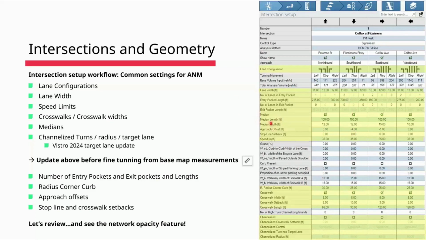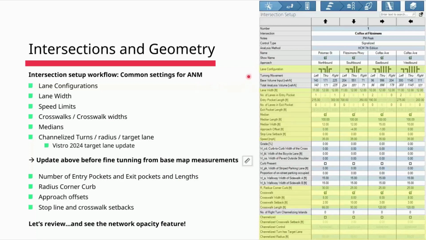For example, if you're looking for medians, once you start typing in MED, the median elements will be the ones that pop up. So it is a way to make this table a little more manageable to work with.